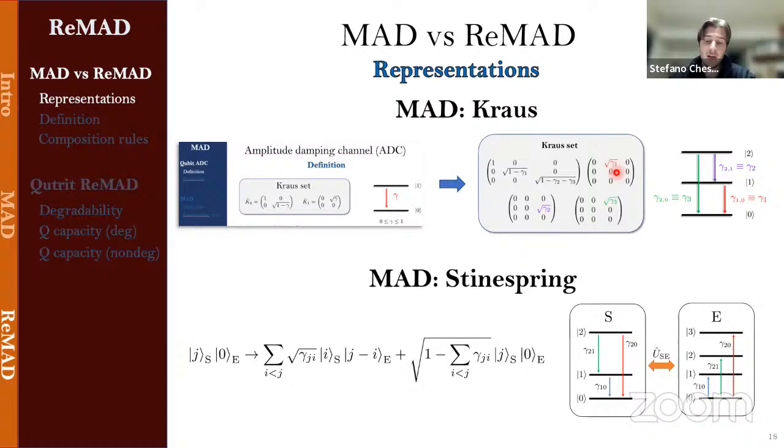But equivalently, we could have just tried to specify the Stinespring representation. And to do that, we would have needed just to specify the possible transitions that occur between the system from Alice and the environment, mediated clearly by the unitary evolution that the Stinespring representation gives you.